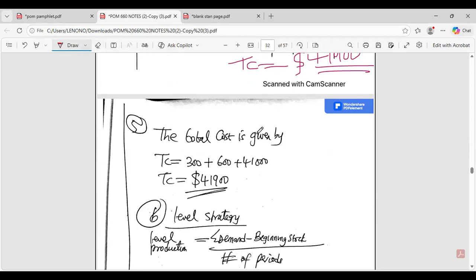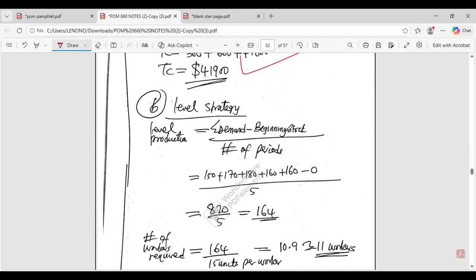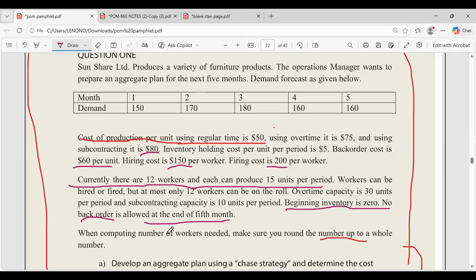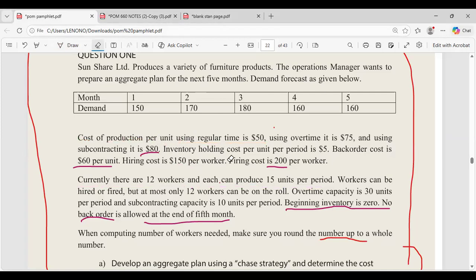The other one is the level strategy. So this is 41,900, then the pure level strategy. Now we are answering B. Before we move on, are there questions where different costs have to be added, except from these three that you've given us: hiring, layoff cost, and regular cost?